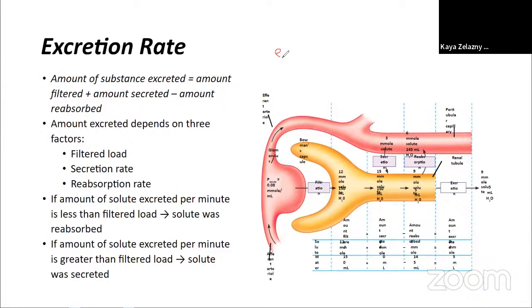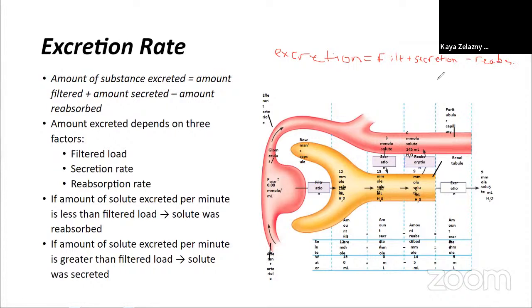So this is saying, right, excretion equals the inputs into the nephron. So the inputs are the filtration plus secretion. So both of those go the same direction into the nephron. Minus reabsorption. So that's what we moved from the nephron back into the blood.